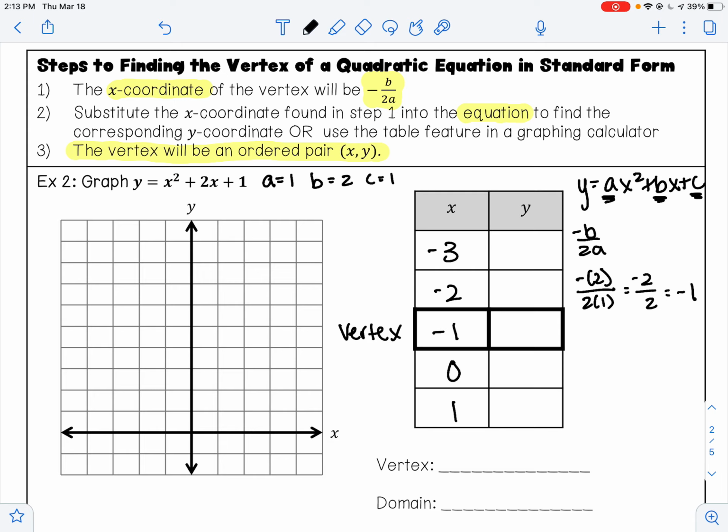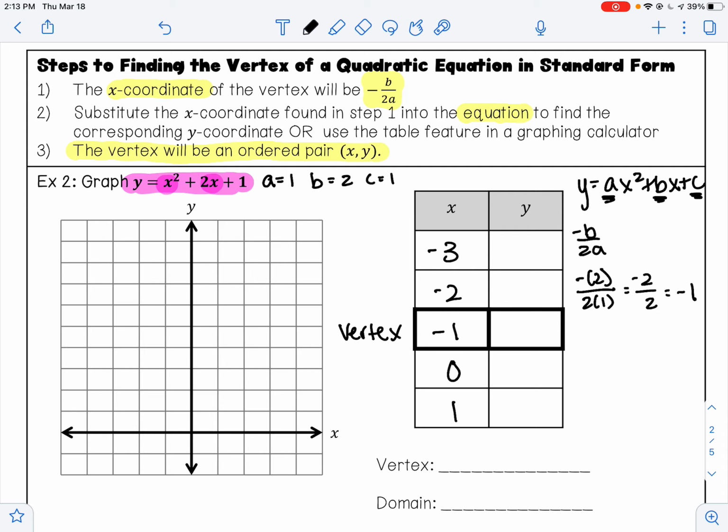So from here, what you can do is you can plug in your x values for x in the equation that you have here, and you can get your corresponding y values. Or you can use a table feature in your calculator. Whichever way is easier for you.